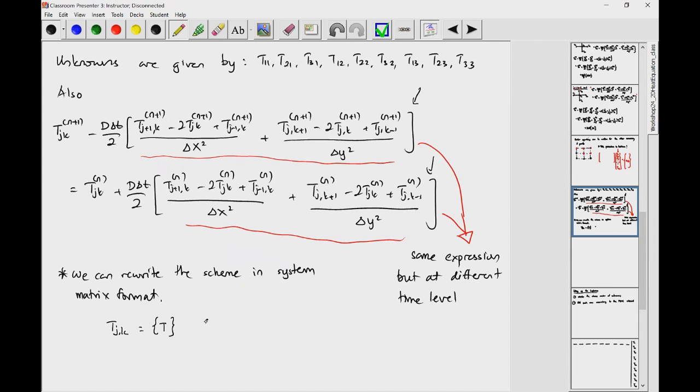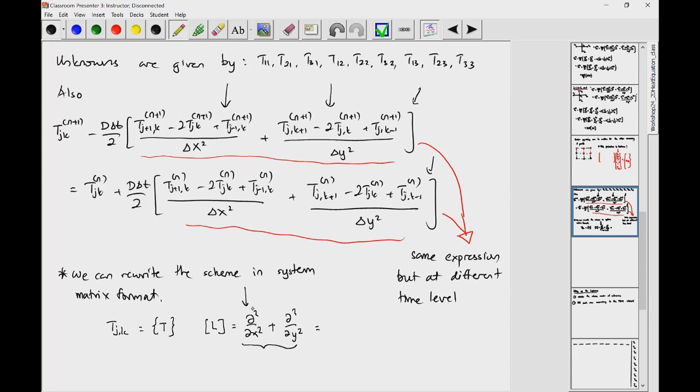Next, we are going to introduce a matrix L. This matrix L comes from the partial derivative terms d squared/dx squared plus d squared/dy squared, meaning that if you apply it to the temperature T, it gives the second order derivatives of T. If we apply the central difference scheme, it will involve this term and this term, correct?